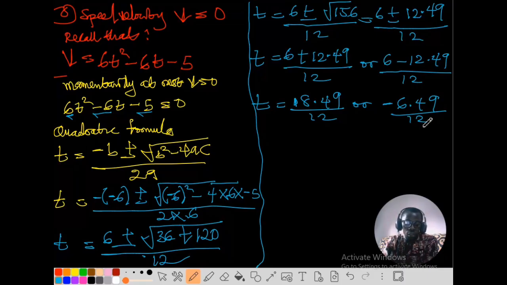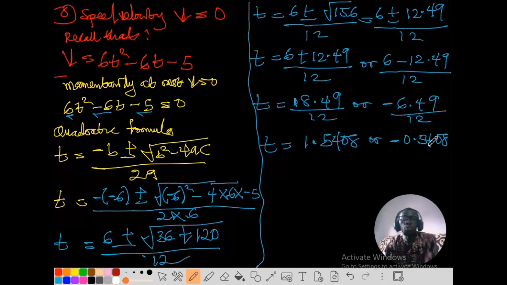If we divide that, 18.49 divided by 12 gives t to be positive 1.5408, which is 1.54, or minus 6.49 divided by 12, which is minus 0.5408. So the positive value here gives the answer for the time.